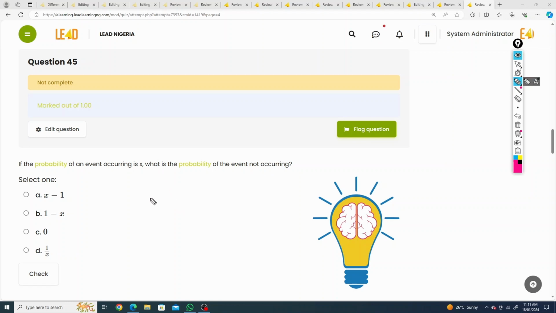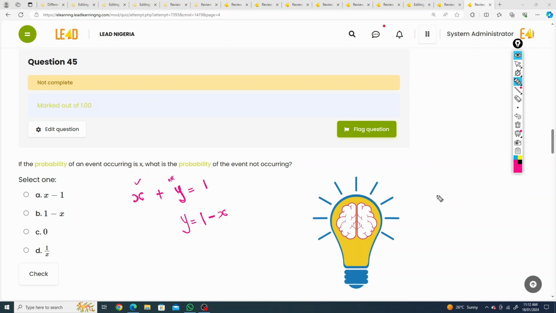So that means that if the probability of an event occurring is X, and then not occurring, which is the only other option, let me call that Y. This is not occurring. It must add up to 1. So that means that the probability of it not occurring, Y, will be equal to 1 minus X. And it's an intuitive idea, one you have to hold on to.